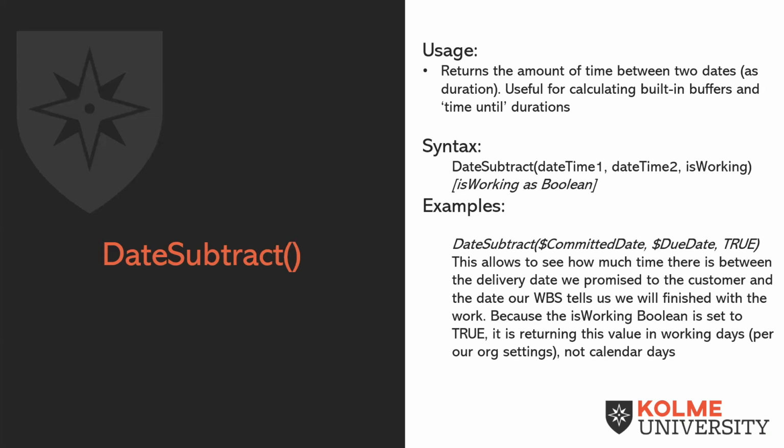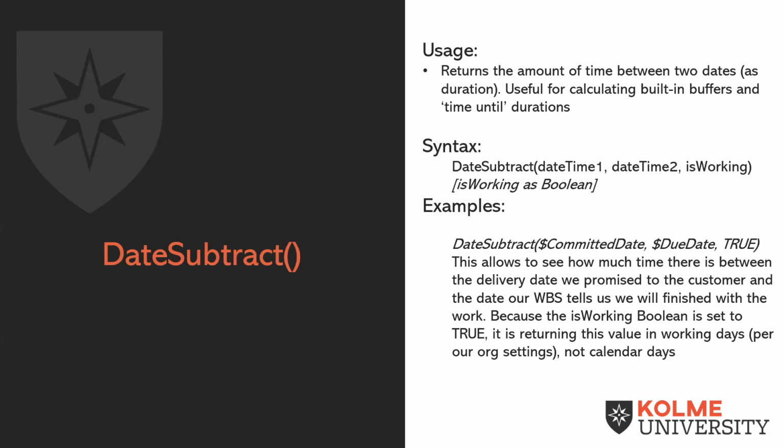And if you look at the syntax in an example, DateSubtract with committed date, due date, and true, this is going to allow you to see how much time there is between the delivery date that we promise the customer and the due date that our work breakdown structure tells us it will be finished. Because the is working Boolean is set to true, it's returning the value in working days per our org settings and not calendar days.